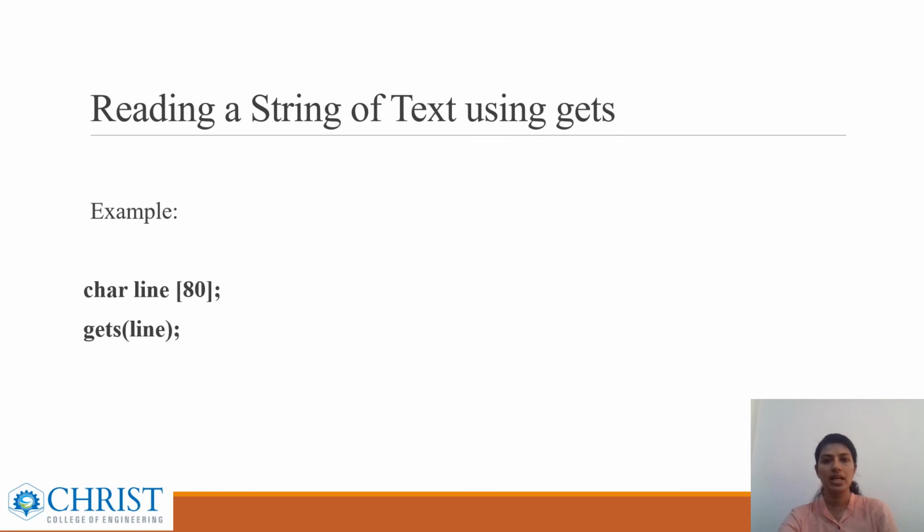Now we look at an example of the gets function. Here a string is declared. The name of the string is line and its size is 80. We can read the value of the string line using the gets function. gets, inside the bracket, give the name of the string variable and a semicolon.